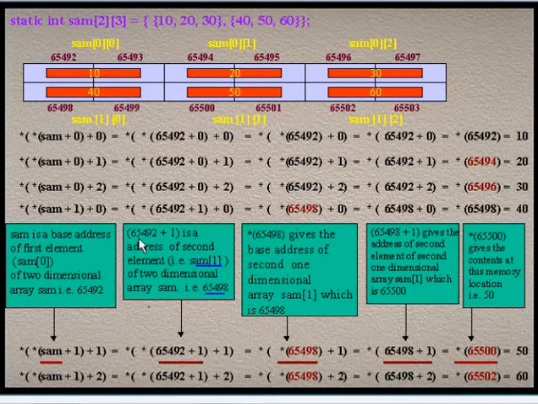If you evaluate the expression 65492 plus 1, we will get the address 65498. How is it so? I am adding 1 to 65492, I should get 65493. Instead of that, I am getting 65498. Can you explain how you got this address?